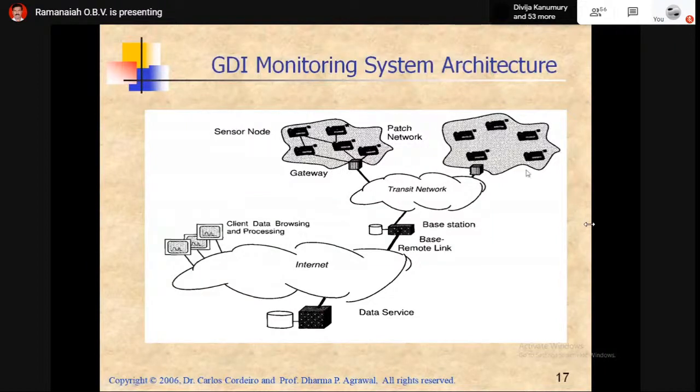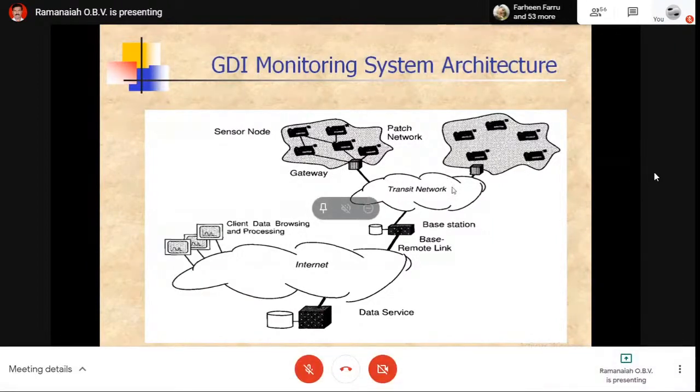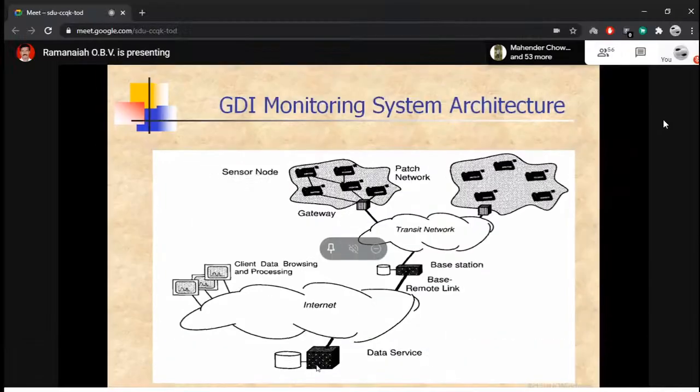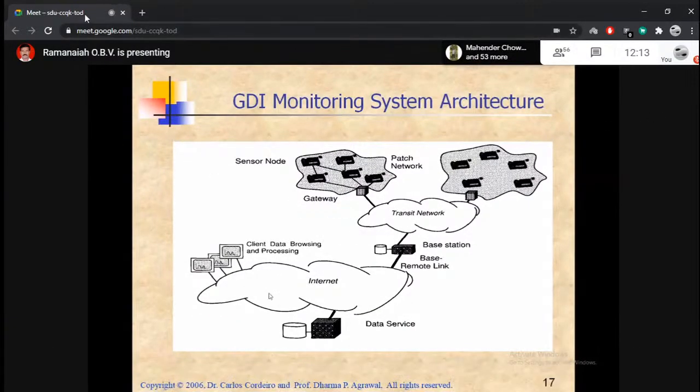Such patch networks are eventually connected wirelessly to a transit network, and that transit network is responsible for relaying the collected information to the base station on the land, and that base station will use the internet facility for staging the collected information in the universal site, right?